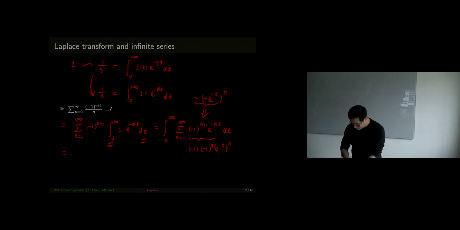So this integration and summation is therefore negative, I can put a negative, and then negative e to the negative t to the n, dt.